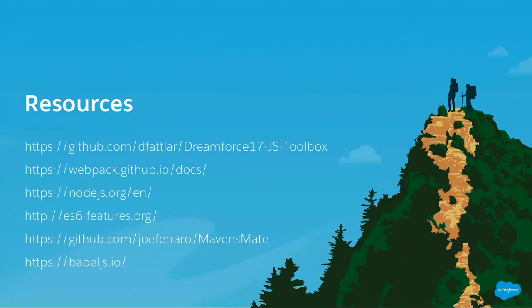The ES6 features. So this is where you can check out some of those modern JavaScript, the new syntax that's available there. Also, the Maven's Mate GitHub repo. Quick shout out to Joe and his team there for having maintained this project for so long, and it's been really helpful to the Salesforce community. Also, the Babel.js docs are available there.